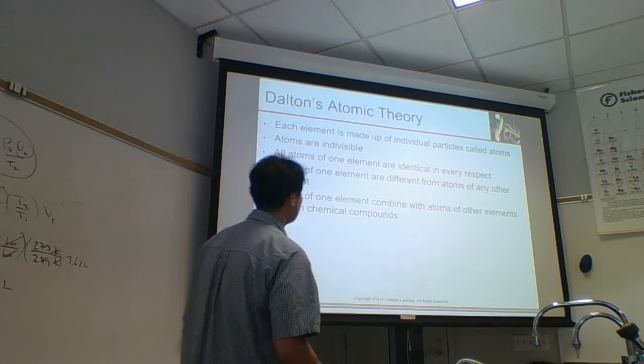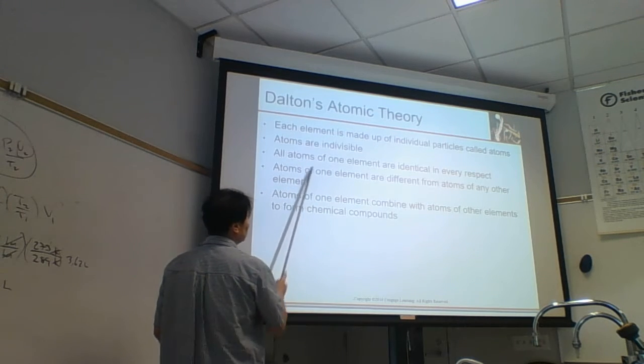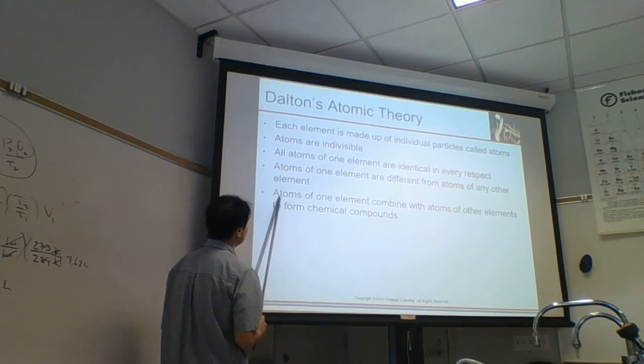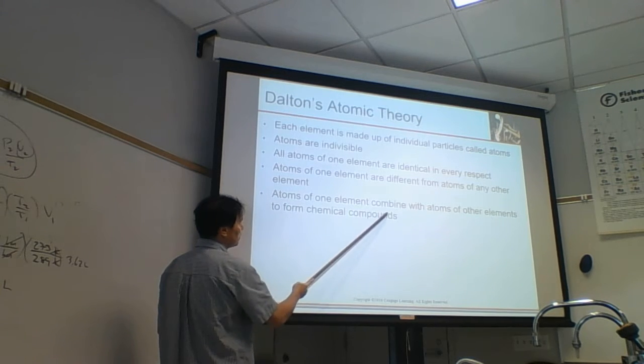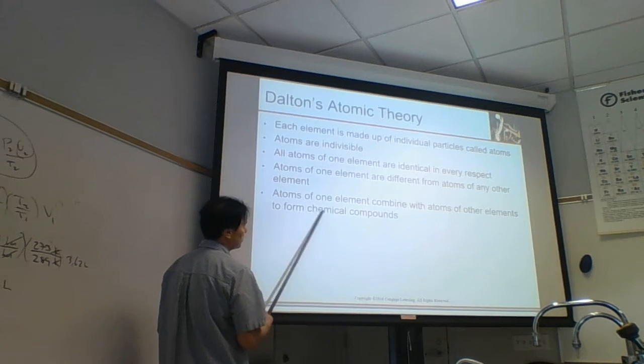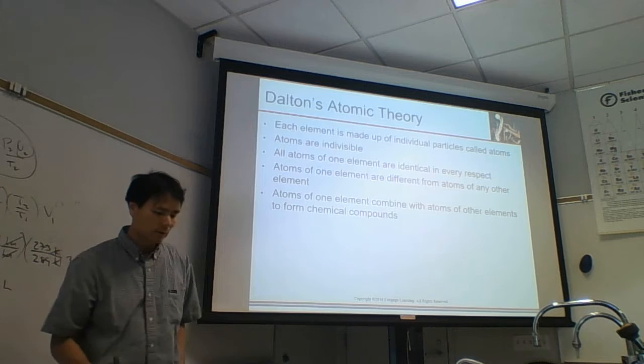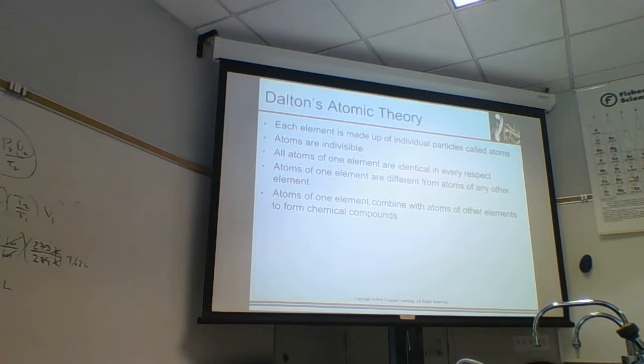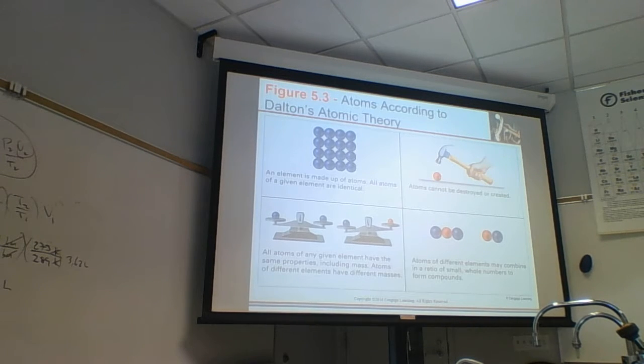This really doesn't explain much here, or describe much. Atoms of one element combine with atoms of other elements to form chemical compounds. So compounds are two or more elements combined, like water, H and O. And so these we don't need to worry about.